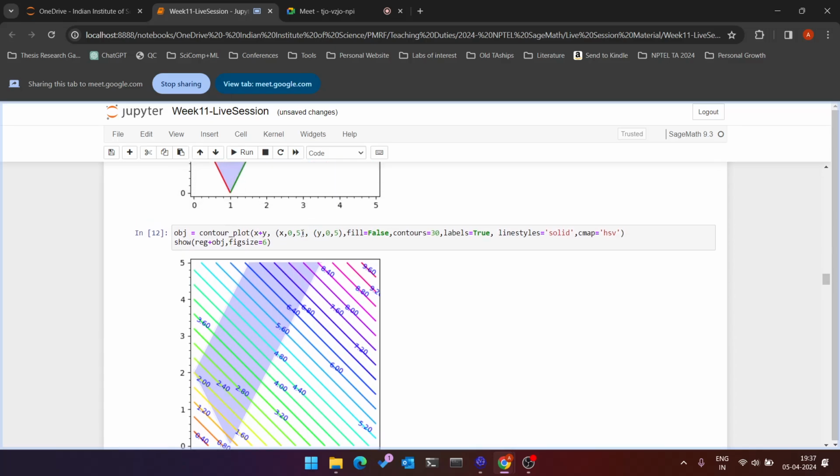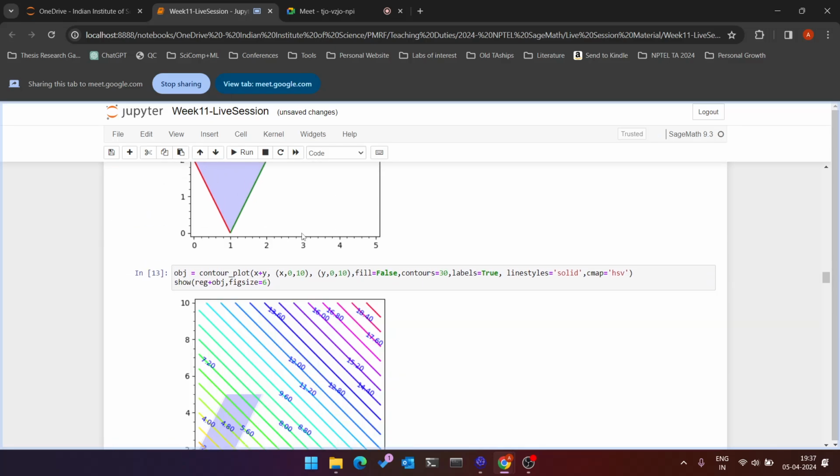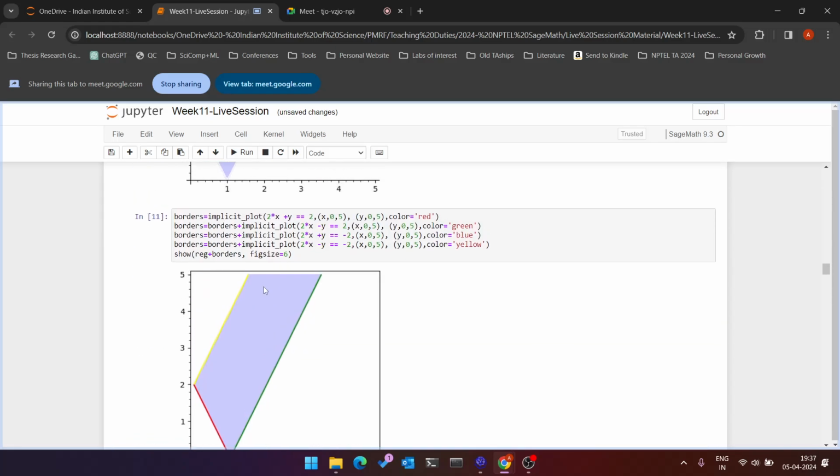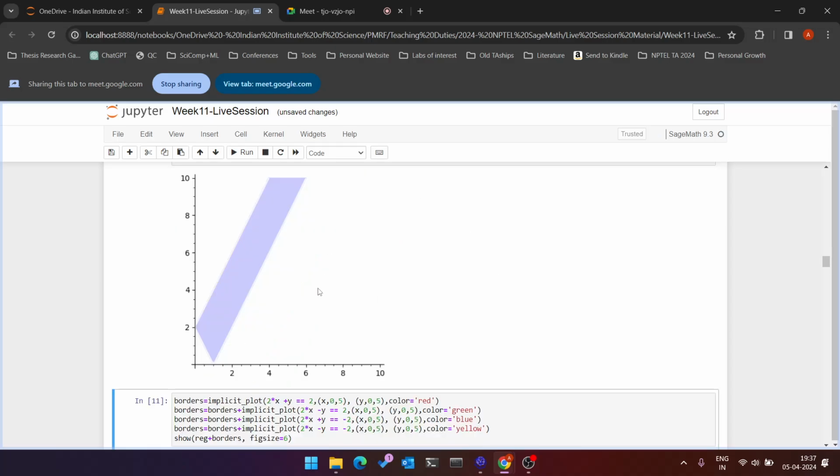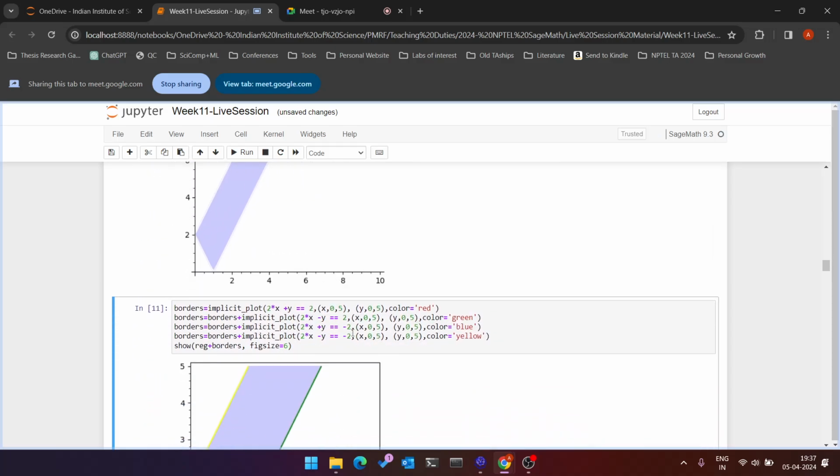If I let the region be much larger, the value of the objective function for the contour plot will be much larger. So I have to also change it here, to 10 by 10, it's 5, 5.